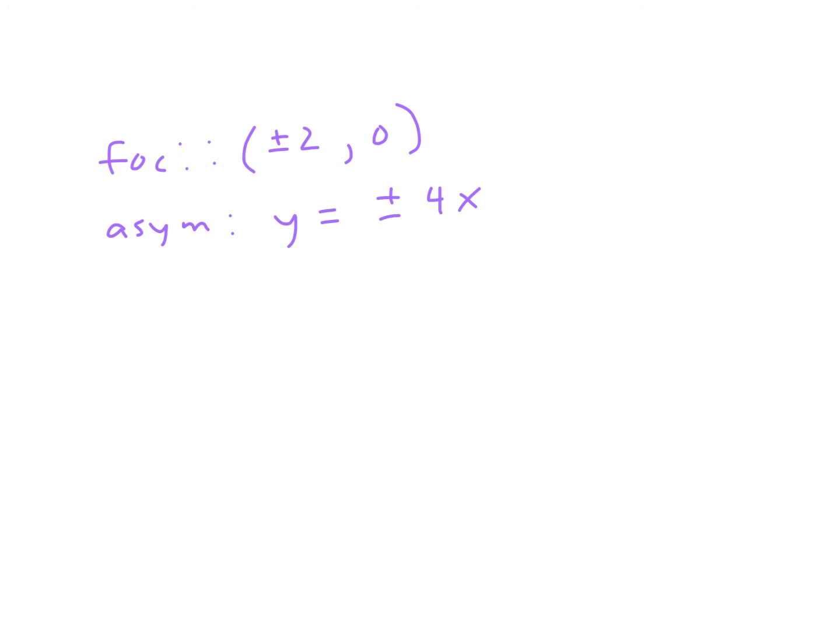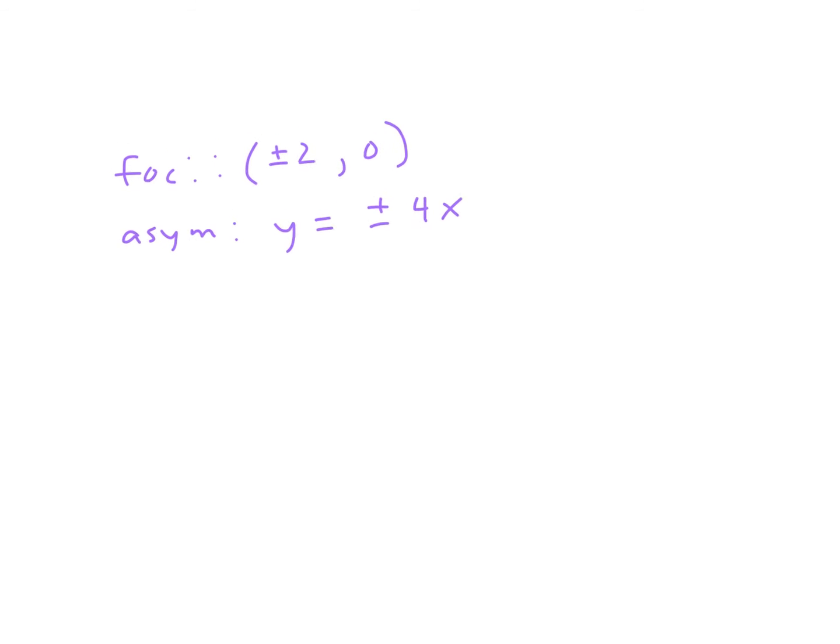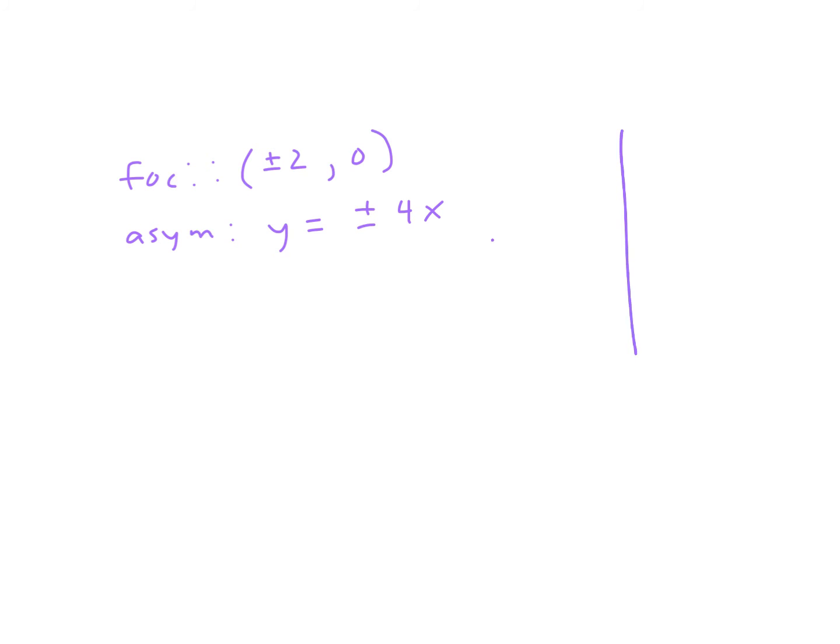I don't know if this is going to work out, but we're just going to focus on the idea of it. So my foci is plus or minus 2, 0. So I'm going to go to the right 2 and to the left 2 and stay on 0.